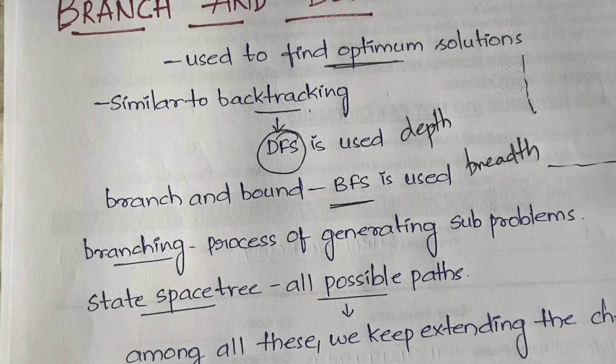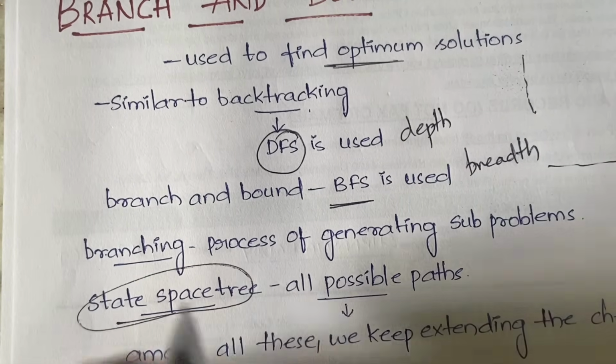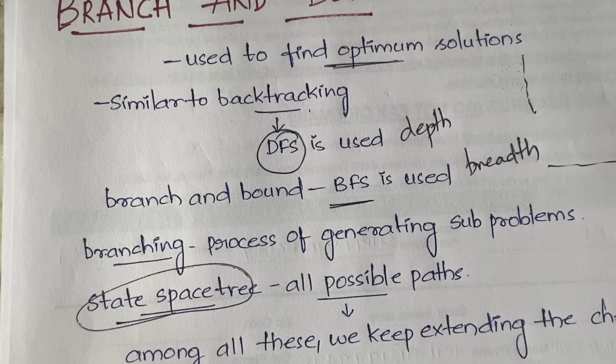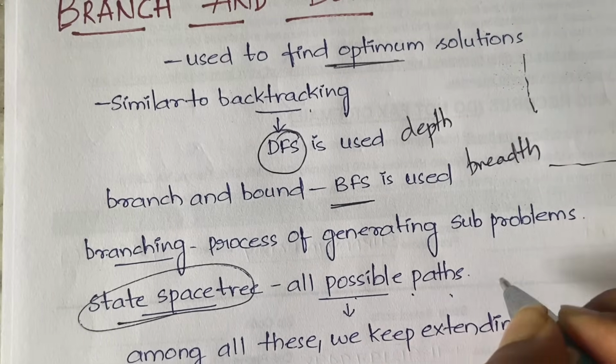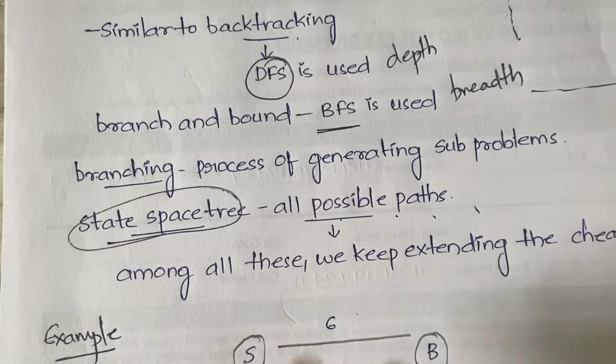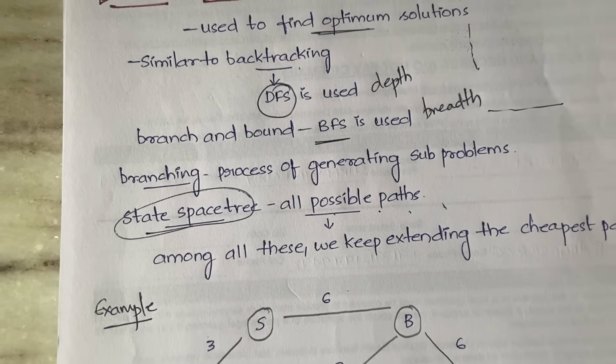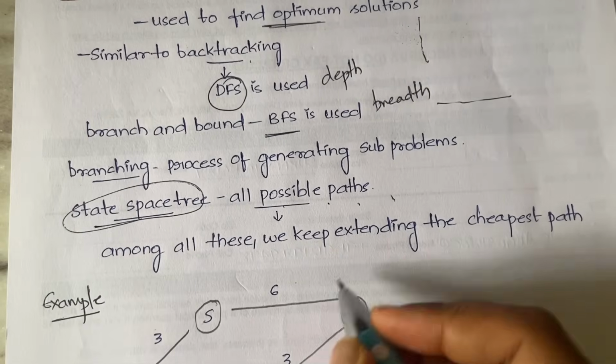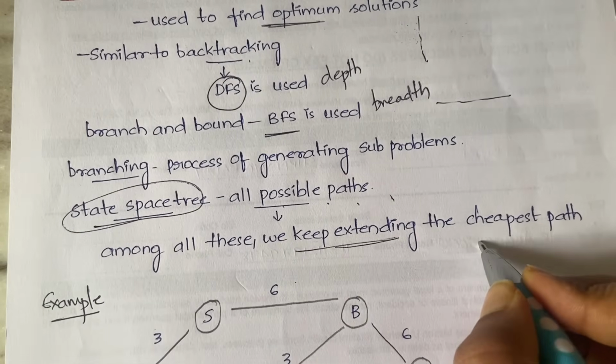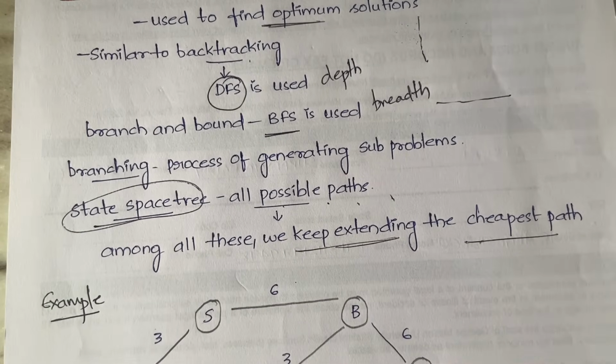We use the concept of a state space tree in all the problems in branch and bound, and in the applications of branch and bound we will use the state space tree. It will have all the possible paths. After finding all the possible paths, we try to extend the cheapest path, in the sense of the path which will give you maximum profit with less cost.